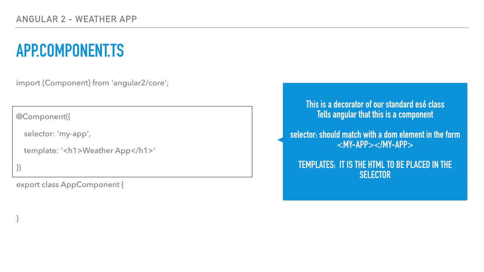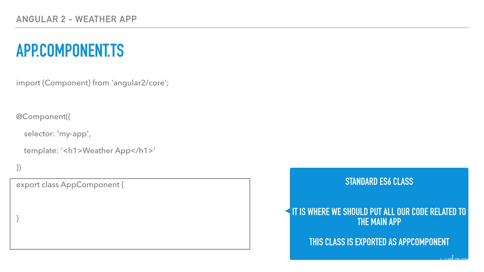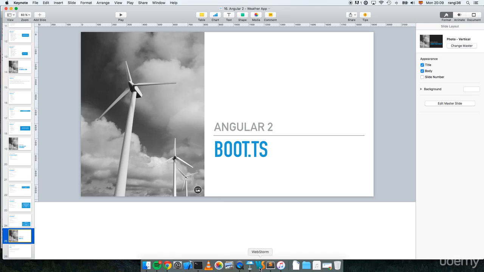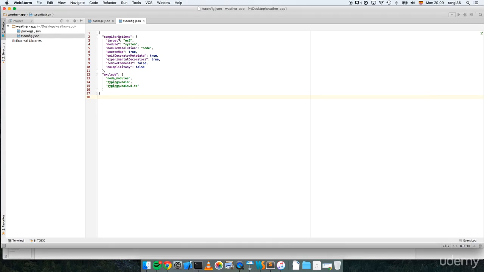This is the HTML that we will render when we want to display this component. And finally, we have the class that will hold all the business logic from this component. We have to export this in case other components or modules use this app.component.ts. Okay, so let's code a little bit and let's do exactly this.